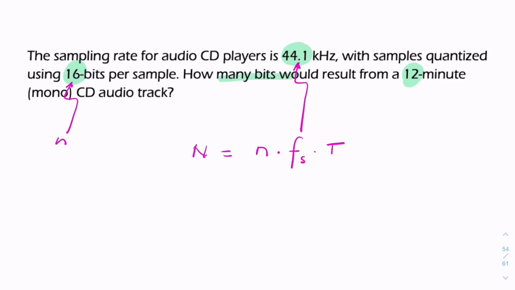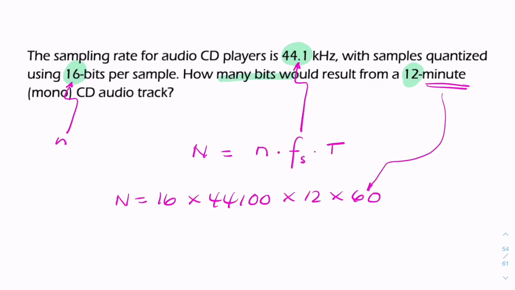So the total number of bits equals, so n equals 16 times 44,100 times 12 times 60, because we've got 12 minutes.